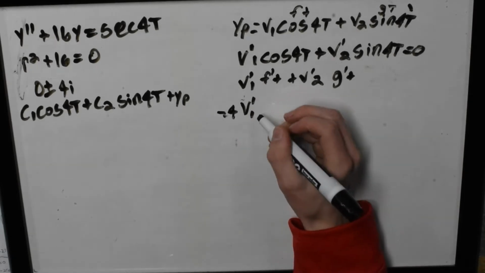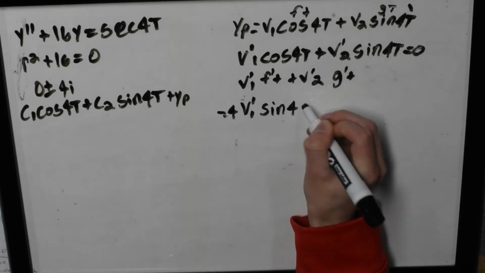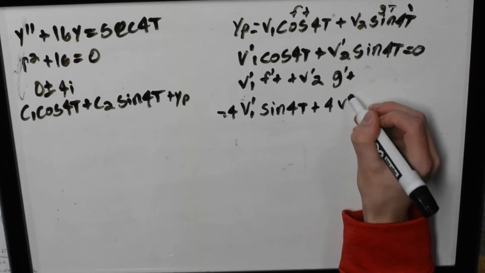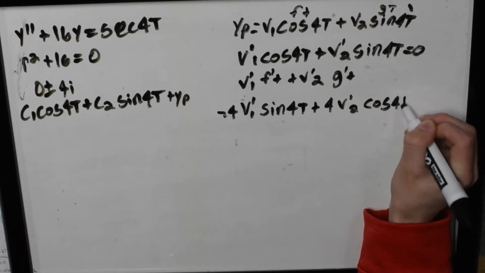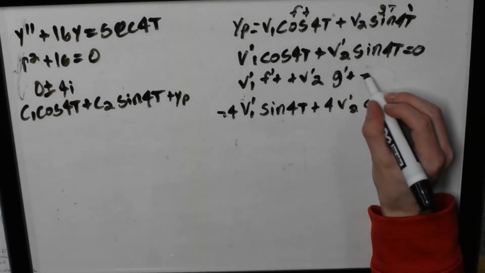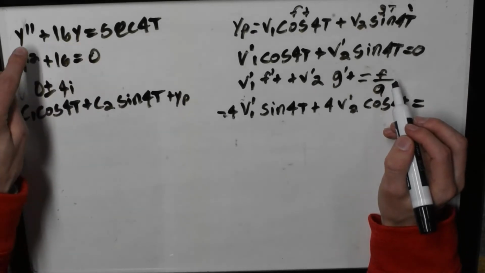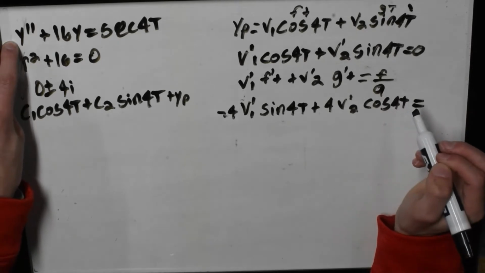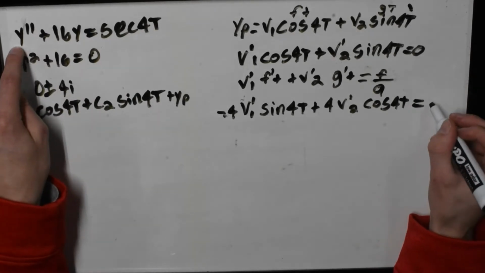Because of the chain rule: negative 4 v prime 1 sine 4t plus 4 v prime 2 cosine 4t. And this is equal to, well, the formula, I didn't write it here, but it's equal to f over a, where f is what the differential equation is equal to, and a is the coefficient in front of y double prime. So f over a here is just secant 4t over 1, or just secant 4t.